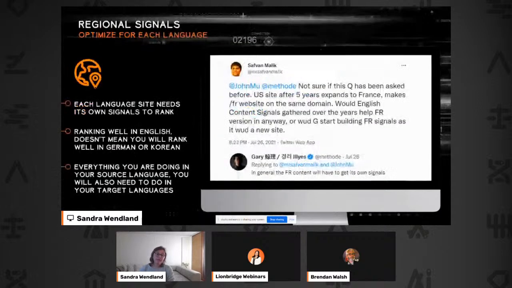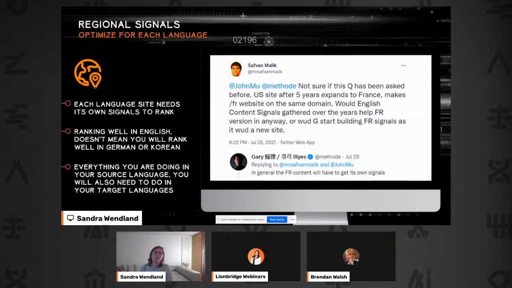And there was an exchange on Twitter with some Google representatives, and what the Google representative said here is every language needs its own signals to rank. So if you're doing well in one language, you will need signals also in all of your other language sites. You cannot rely on English to pull through to German or to pull through to Italian or Korean.